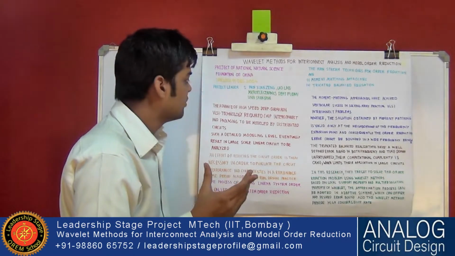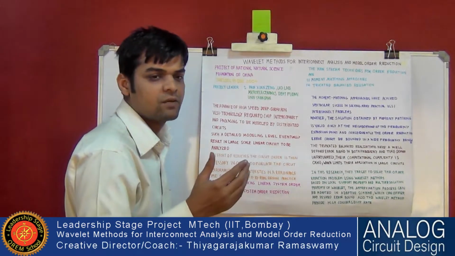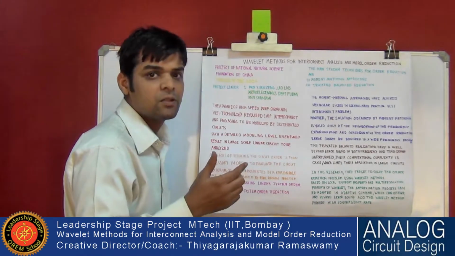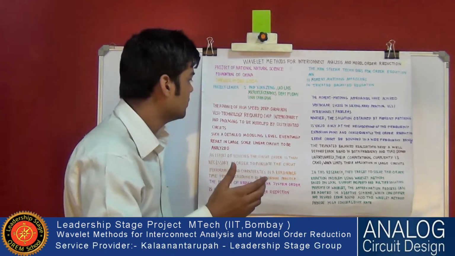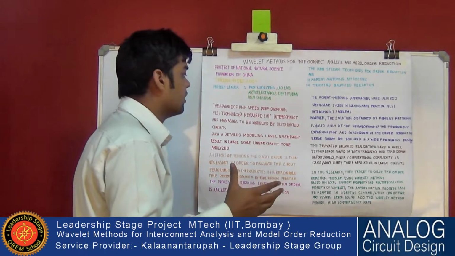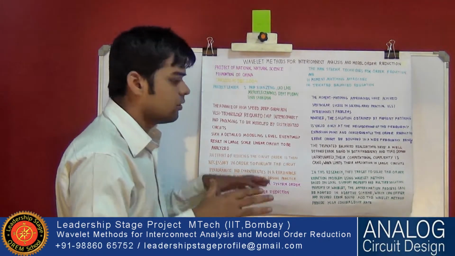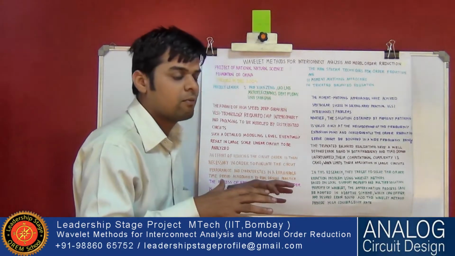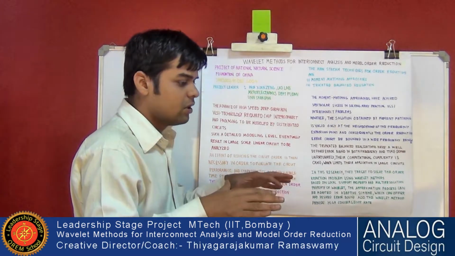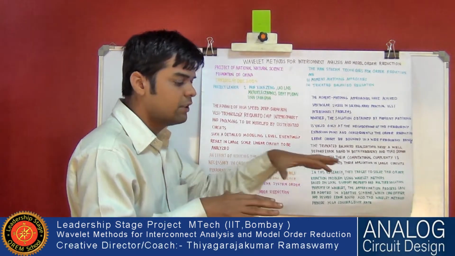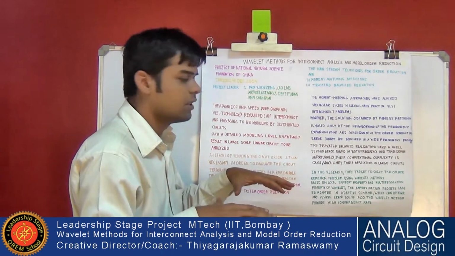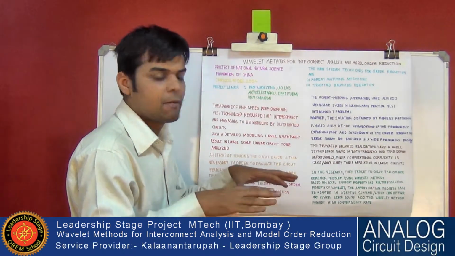Digital design is at 22 nanometer, analog design is at 65 and 45, and some at 90 nanometer also. In this technology, in packaging we keep different devices such as NMOS, PMOS, resistor and capacitor.